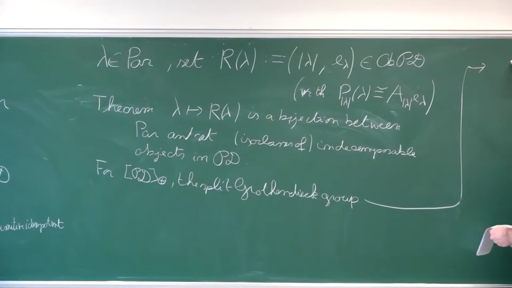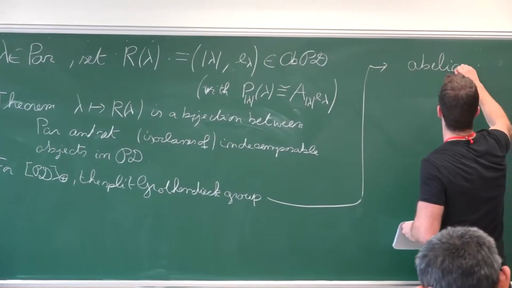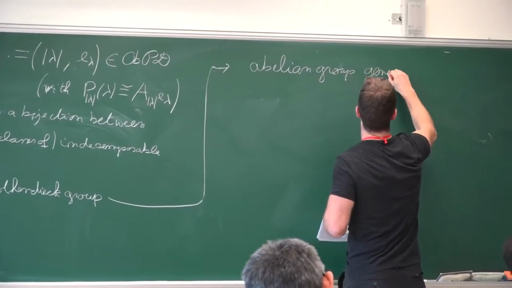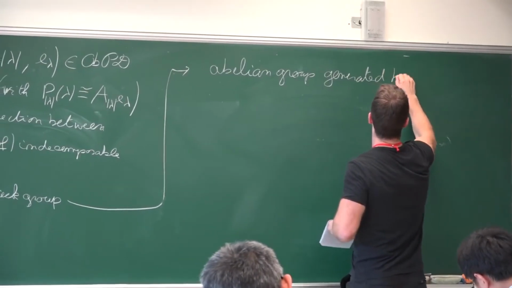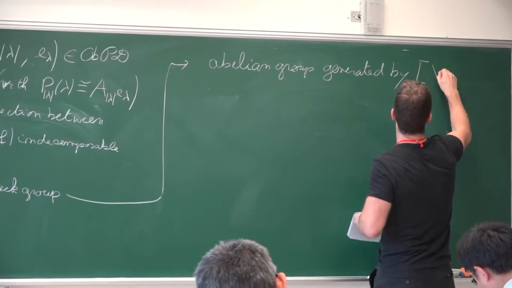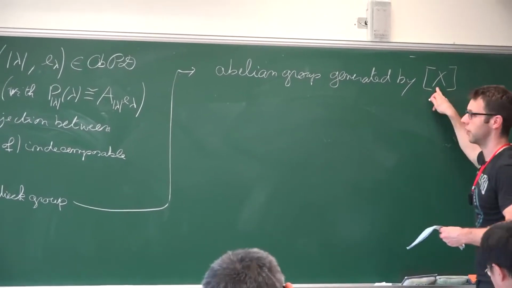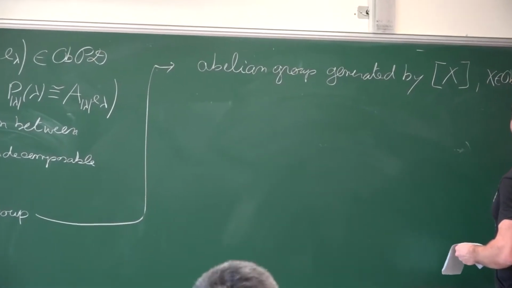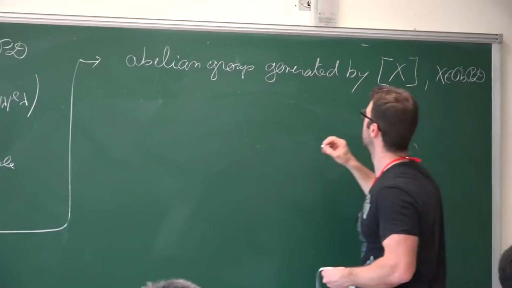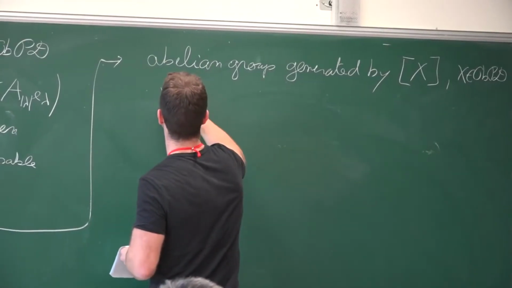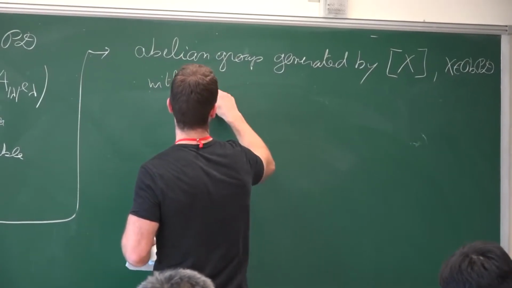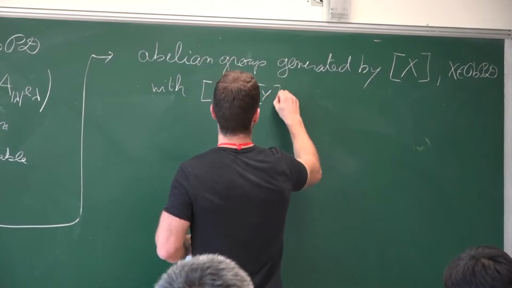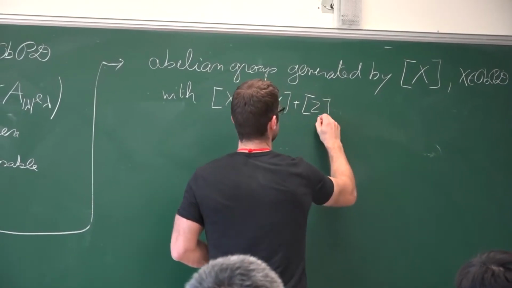That's just the abelian group generated by isomorphism classes of objects in the category with relation given by this equation.